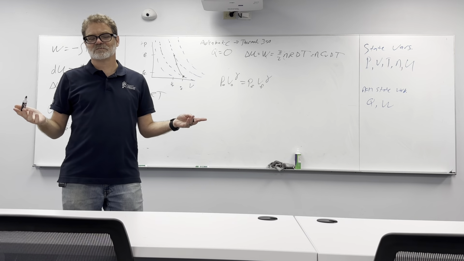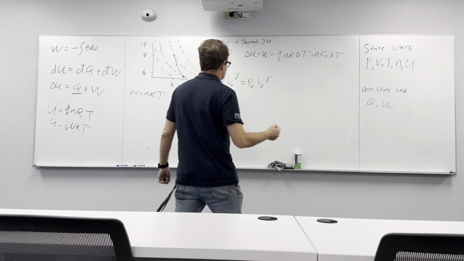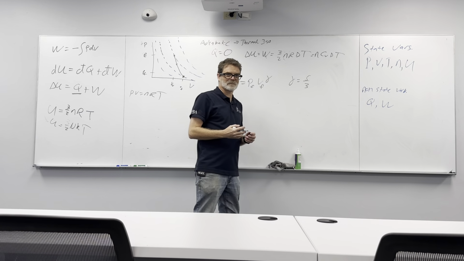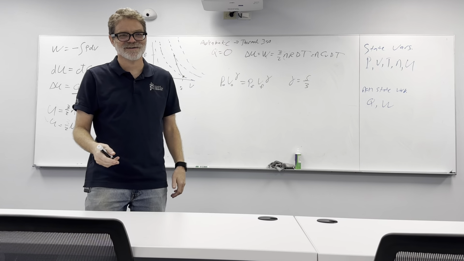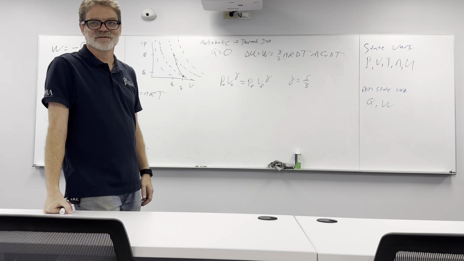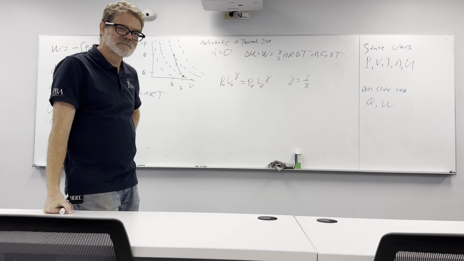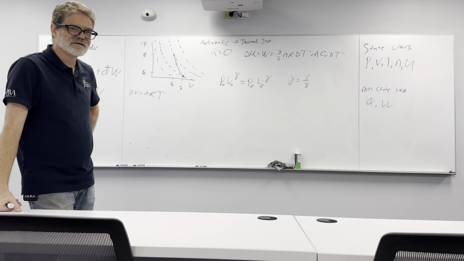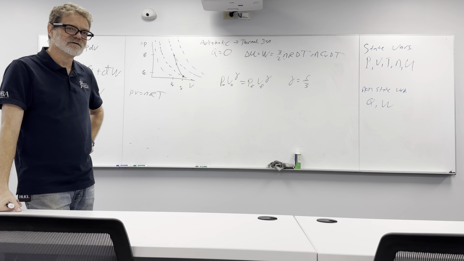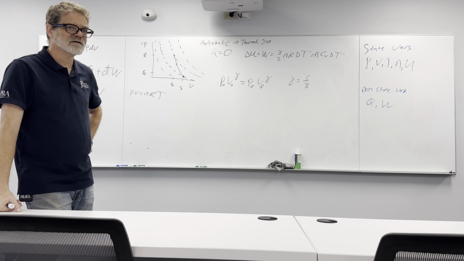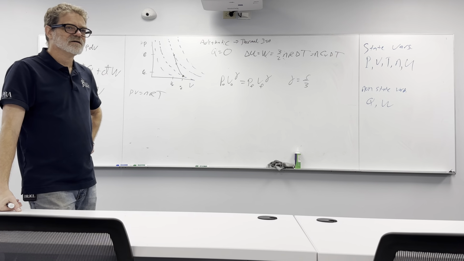All right. What's gamma? 5/3. That seems to come out of nowhere, doesn't it? Why 5/3? Have you seen a 5 and a 3 earlier in this lecture? Yeah. Where, Matthew? There's a 3 halves and then a 5 halves.